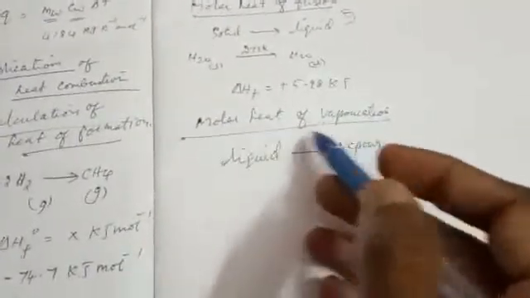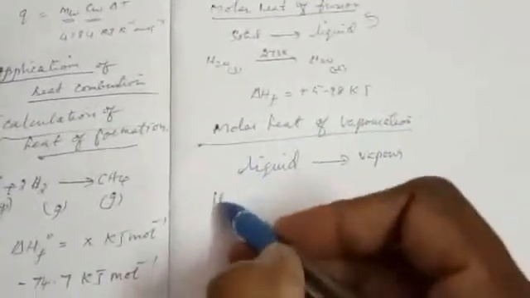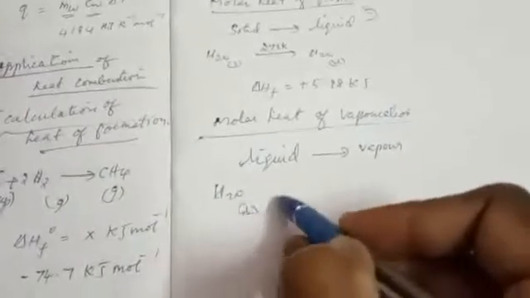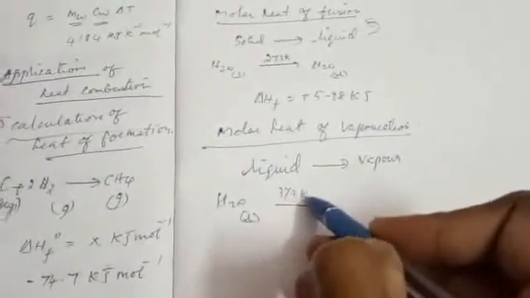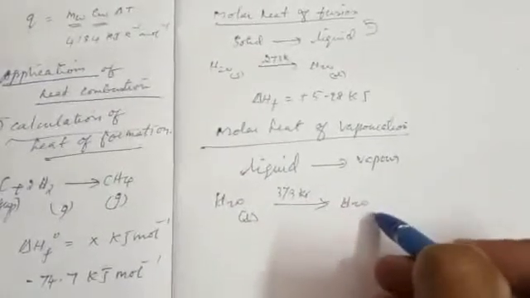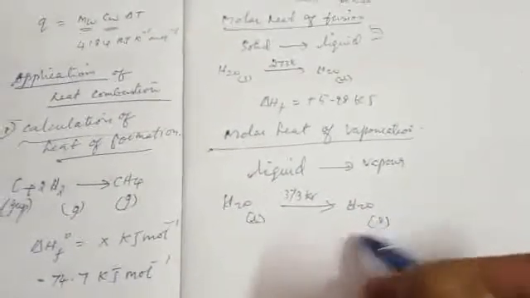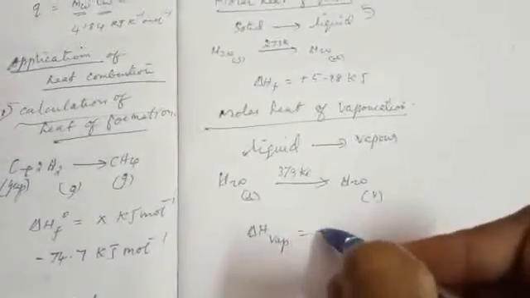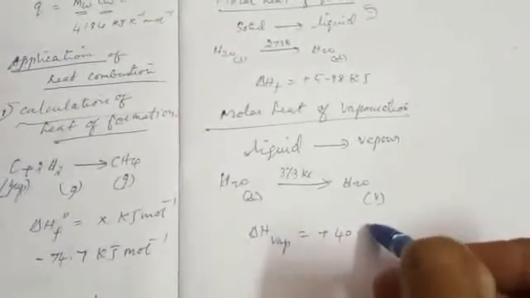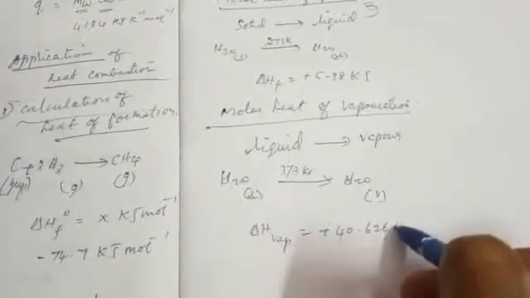For example, H2O liquid at 373 Kelvin becomes water vapor. So delta H vaporization equals plus 40.626 kilojoules.